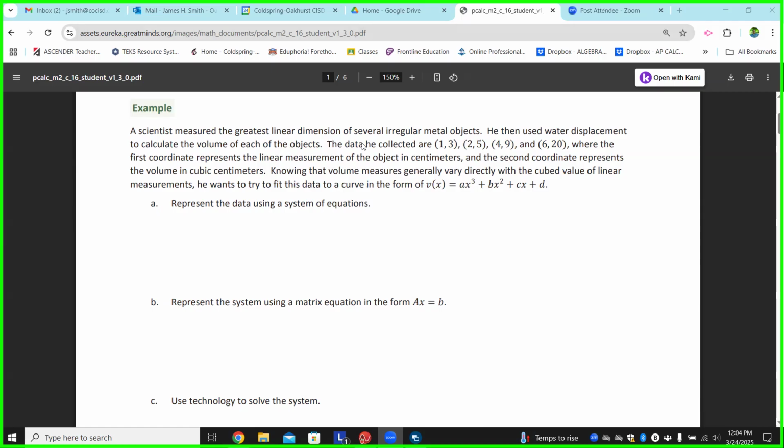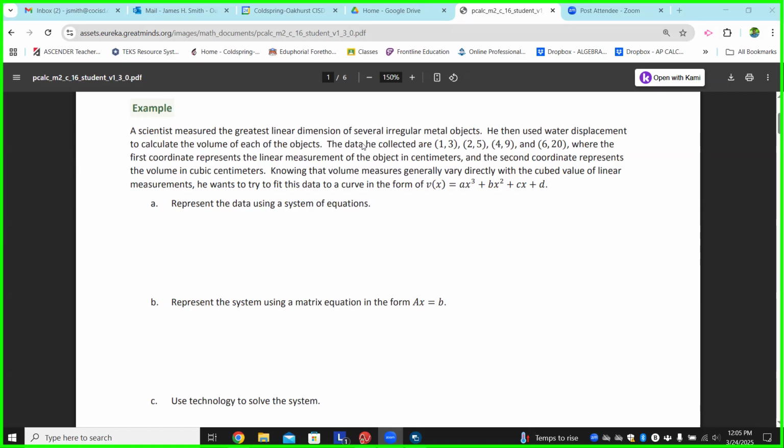So let's read this example here. It says, a scientist measured the greatest linear dimensions of several irregular metal objects. He then used water displacement to calculate the volume of each of the objects. The data he collected are (1, 3), (2, 5), (4, 9), (6, 20). Those are coordinates. So coordinates are usually what letters?